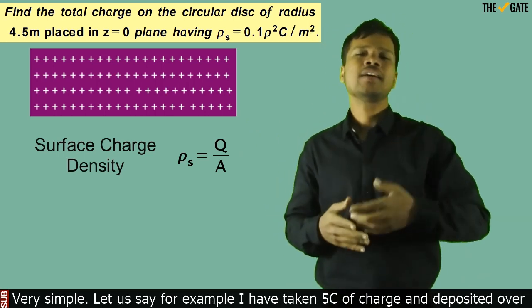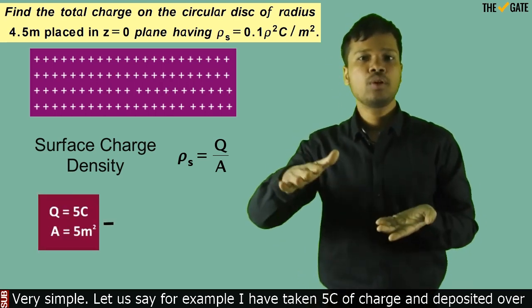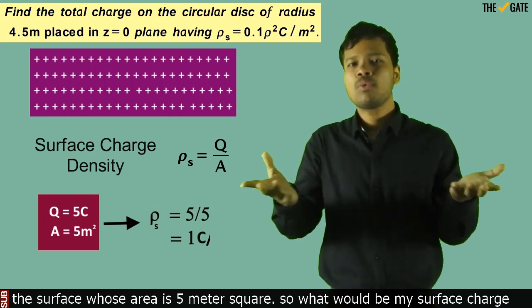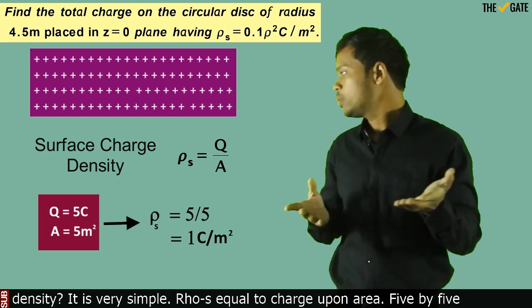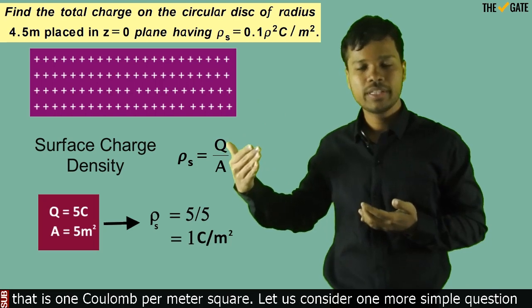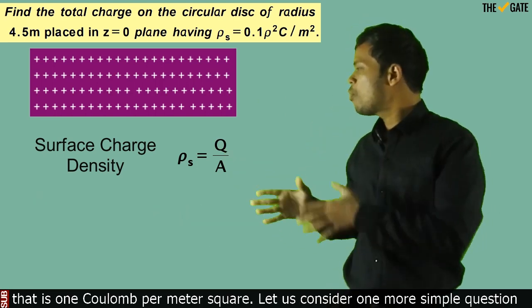Very simple. Let us say, for example, I have taken 5 coulomb of charge and deposited it over a surface whose area is 5 meters square. So what would be my surface charge density? It is very simple. Rho s equal to charge upon area, 5 by 5, that is 1 coulomb per meter square. Let us consider one more simple question.